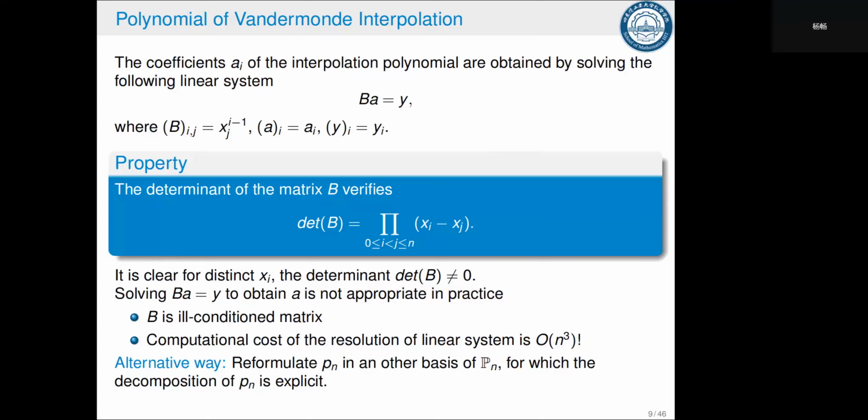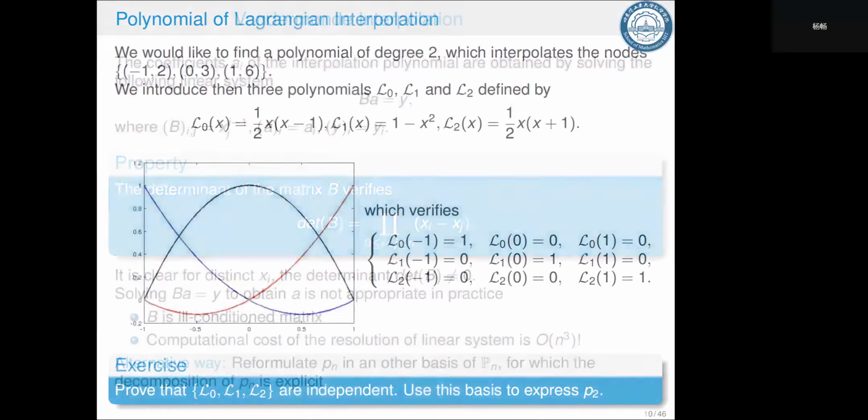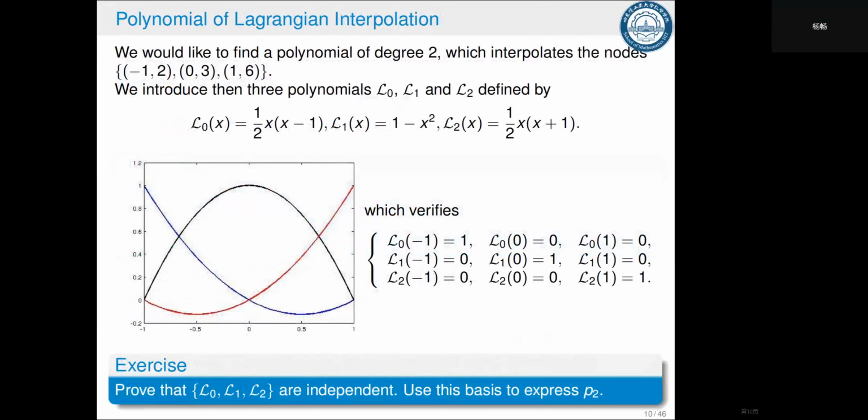We have such a method, and it is named after the French mathematician Lagrange. So we will use the Lagrange interpolation.